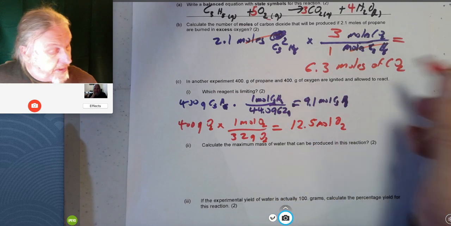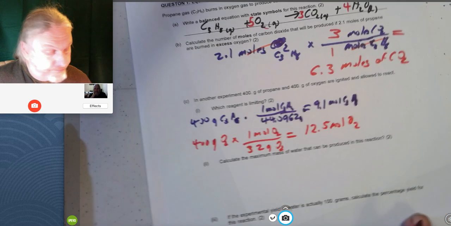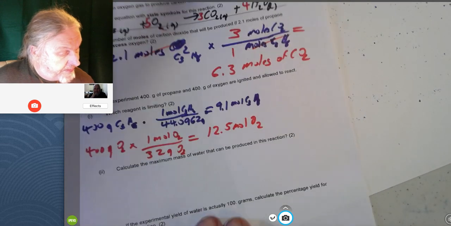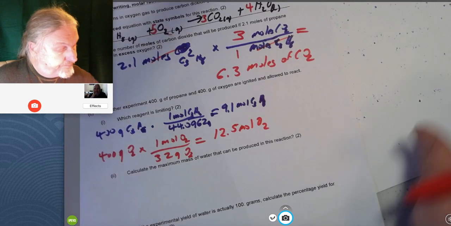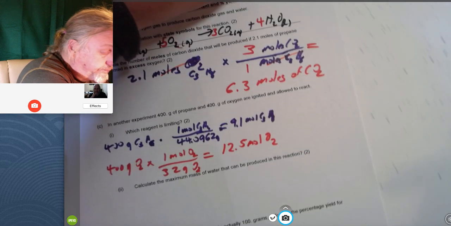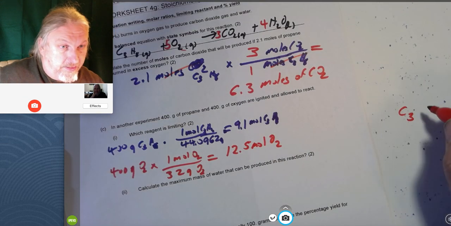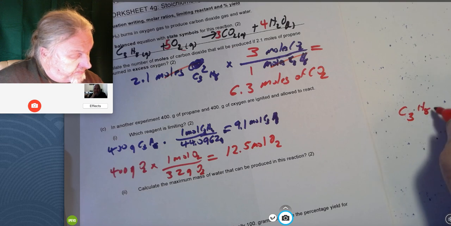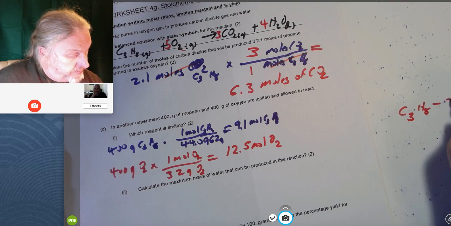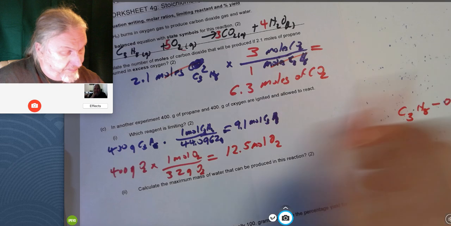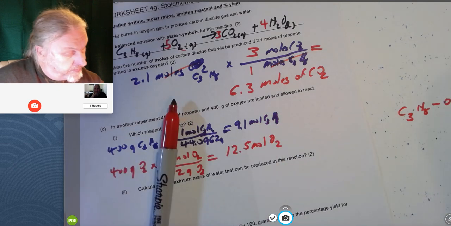So let's set our reaction up and do our BCA table. I'm going to extend that out and do it on this piece of paper here, just so we have plenty of room. So I've got C3H8 reacts with O2, and that's going to yield carbon dioxide and water.